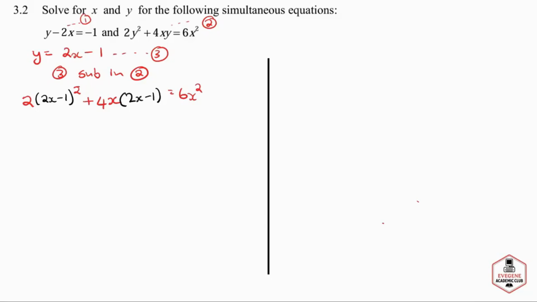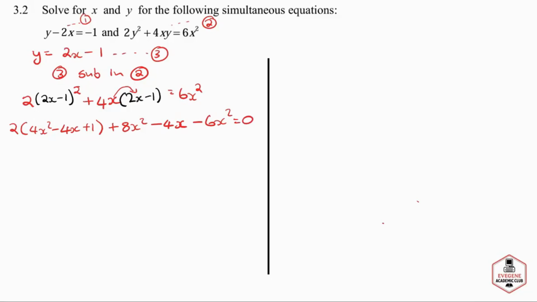Good. Then if I expand this, I'm going to have 2 into 4x squared minus 4x plus 1, plus 4, not even 4, it's 8. 8x squared minus, now we know not to make an error here. It multiplies twice. 4x and then minus 6x squared equal to 0.